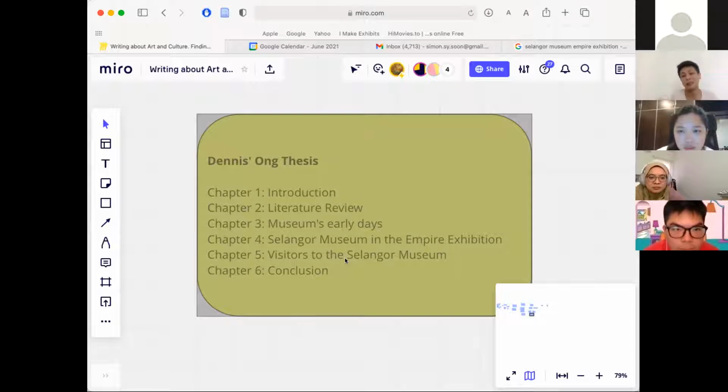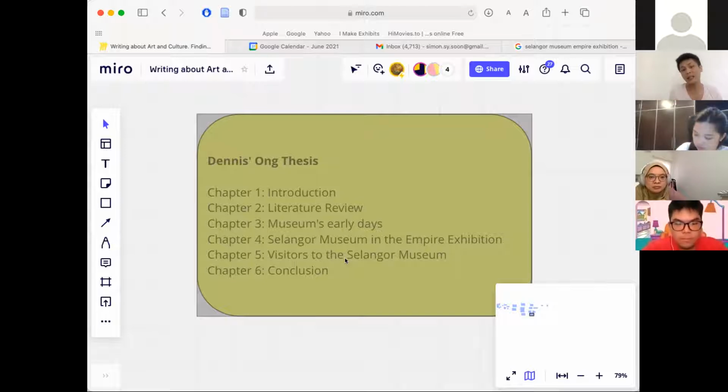So the thematic could be really the role of world expos and how the museum participates in these kinds of networks of displays, exchange, promotion of trade and industry, as well as knowledge production. I don't know, something like that. Then it becomes a thematic chapter.